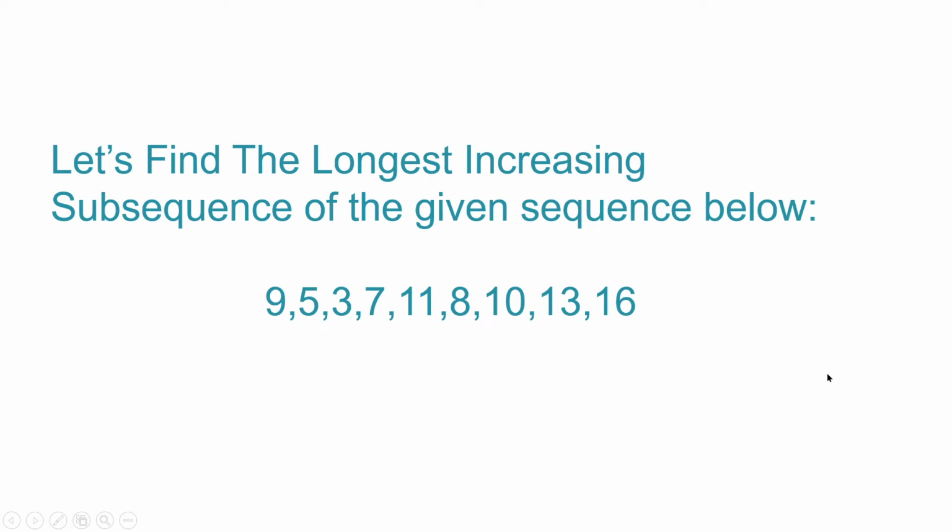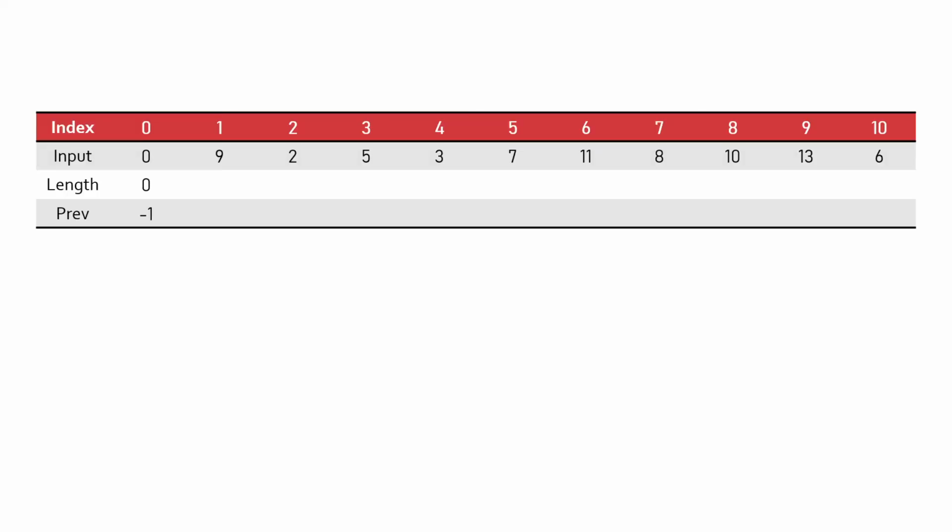Let's find the longest increasing subsequence of the given sequence below, which is 9, 5, 3, 7, 11, 8, 10, 13 and 16. In the table we can see that index and input are given. Index 0 has length 1, because 9 is the first element of the LIS, there is no other input to compare it with. So we'll just take 9 and the length of 9 will be 1.